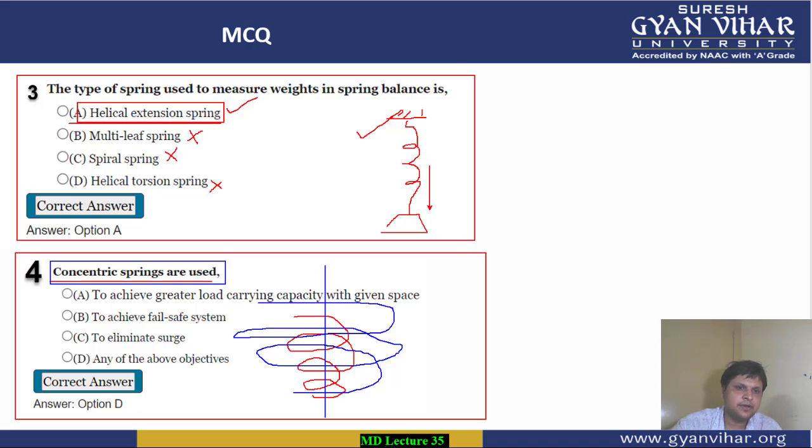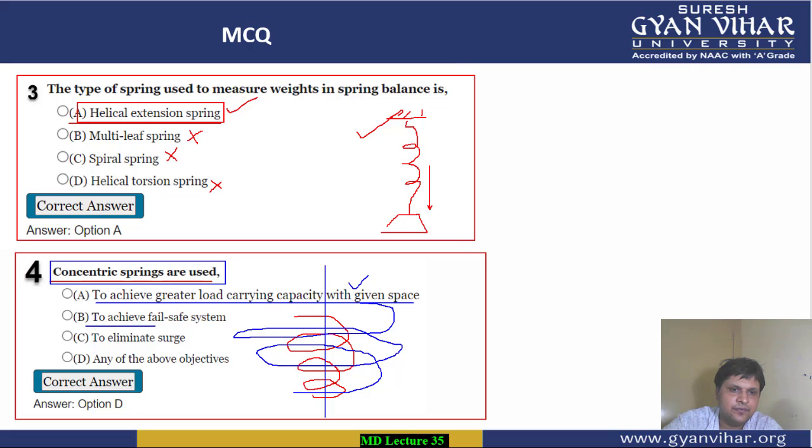Concentric springs are basically used to increase the load carrying capacity of the spring. If we want to increase the load carrying capacity, then we use the concentric spring. Let's read out the options. First is to achieve greater load carrying capacity within given space. This is correct.